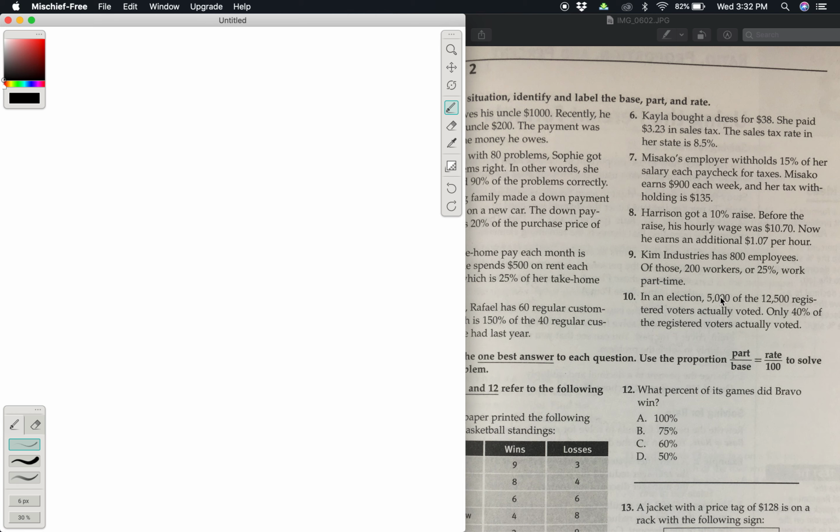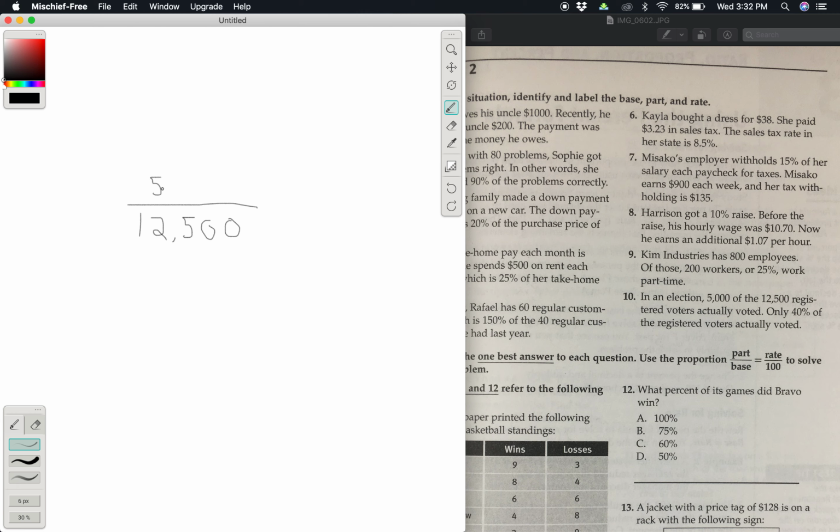So in an election, 5,000 of the 12,500 registered voters actually voted. 12,500 of the registered voters actually voted.